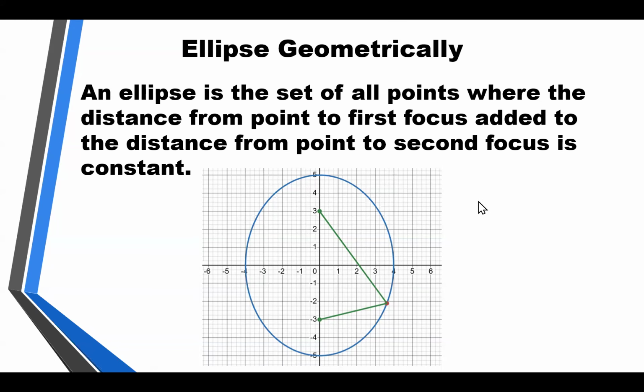So that's what I had on this slide. An ellipse is a set of all points where the distance from point to first focus added to distance from point to second focus is some constant number. Again, in our example, it was 10, but in other examples, it would be other numbers, some other constant.